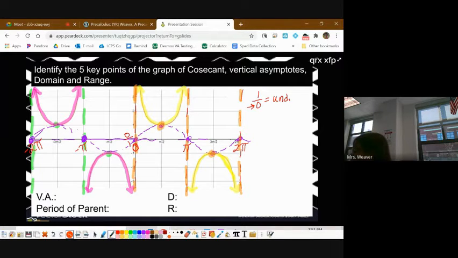So we're going to write it in set notation. I'm going to come down here, and VA stands for vertical asymptotes. Now, vertical asymptotes are x equals equations. So I'm going to start by writing that my asymptotes happen at x equals, and there's a whole set of them, so I'm going to use curvy set brackets. x equals, and I'm going to call it the set of all k pi.